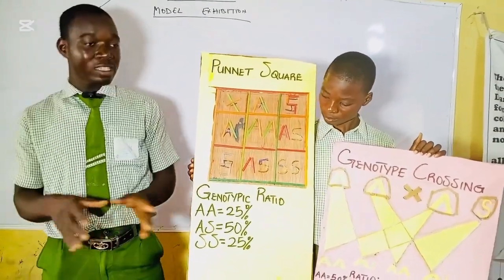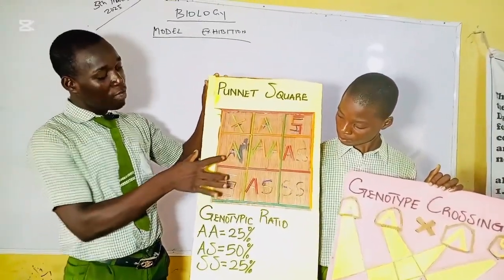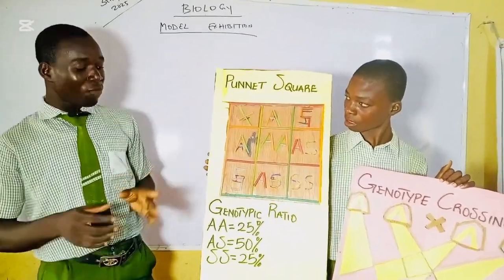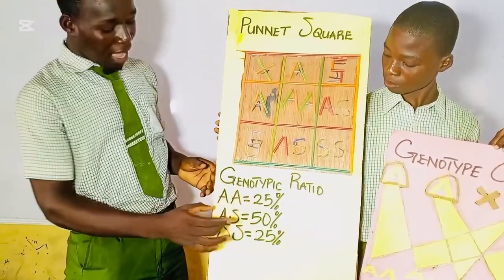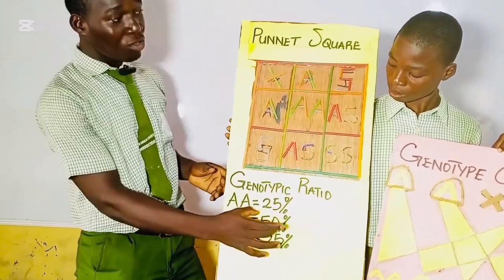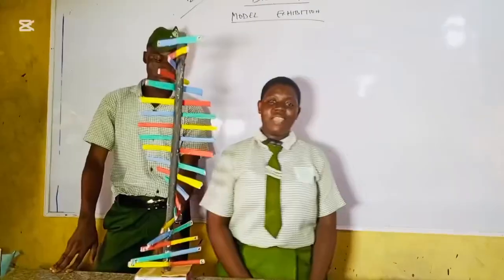And SS is sickle cell. We use this to determine the genotypic ratio of AS and AS. When AS and AS combine, there is a 25% chance of producing the AA genotype, another 50% of producing the AS genotype, and another 25% of producing the SS genotype.